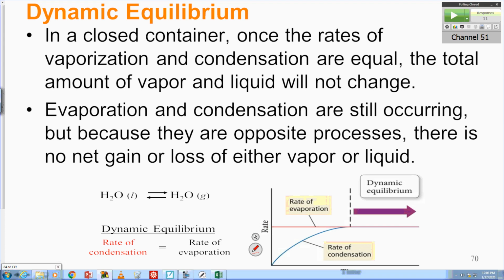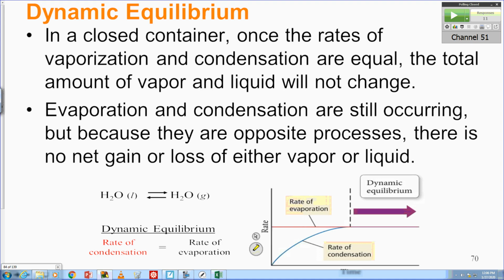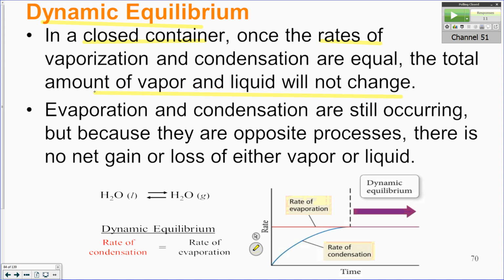Okay, so now we can do the calculations at a given temperature. We want to think about this process that's occurring, this dynamic equilibrium. So if we take a closed container and the process starts, vaporization starts to occur, then condensation starts to occur. If those two things are occurring equally, the amount of vapor and liquid won't change. Here's a container, we pour some liquid into it.